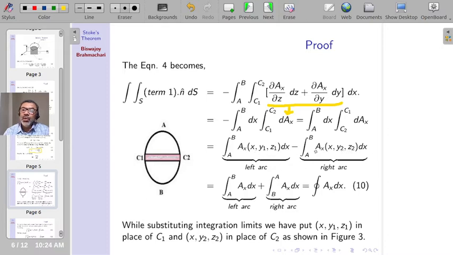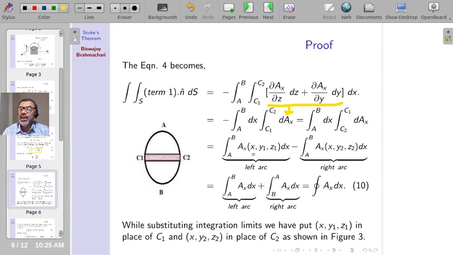Notice that the x coordinate is the same in the first term and in the second term. It is because we are integrating over the strip C1, C2, which has constant x. So now we have integral a to b Ax dx minus integral a to b Ax dx. But this is not 0, because this is from the left arc and this is from the right arc. Because (y1, z1) lies on the left arc and (y2, z2) lies on the right arc.